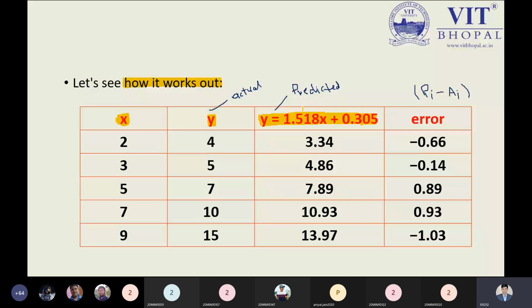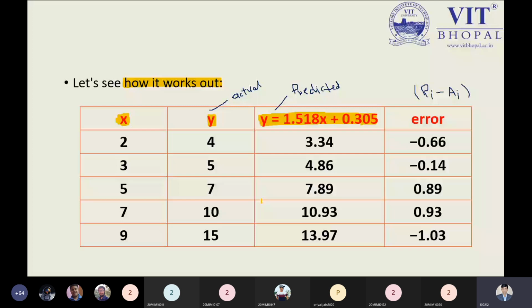There is some difference, a gap or error, which can be evaluated by our simple formula: the predicted values minus actual values, pi minus ai, with i from 1 to n, depending on the indexing of the rows.